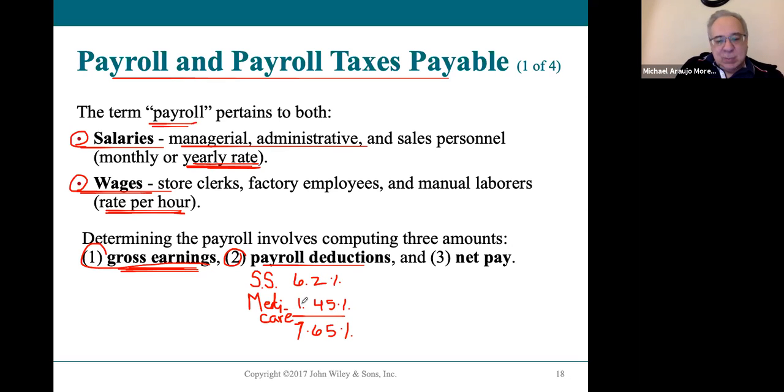The tax, this 1.45% tax, is paid into the system by people who are working. But the beneficiaries of Medicare are folks who are 65 and older. So the only qualification, matter of fact, for Medicare is you need to be 65 or older.